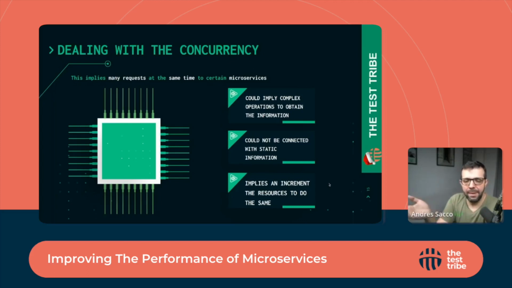So what happens? All the requests at the same time are executed. This implies that you spend a lot of resources like memory, CPU, instances of your microservices, the cost associated to transfer information from one place to another, all these things just to obtain the same information.